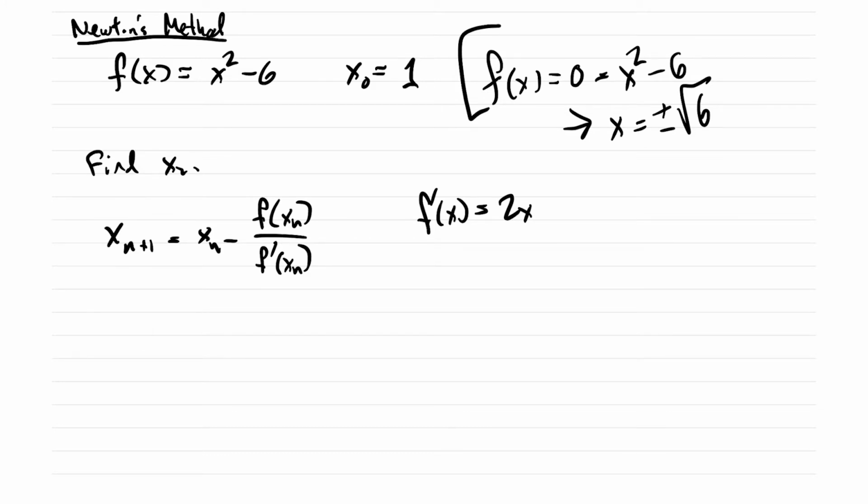So x1 should be equal to 1 minus f at 1 divided by f prime at 1.